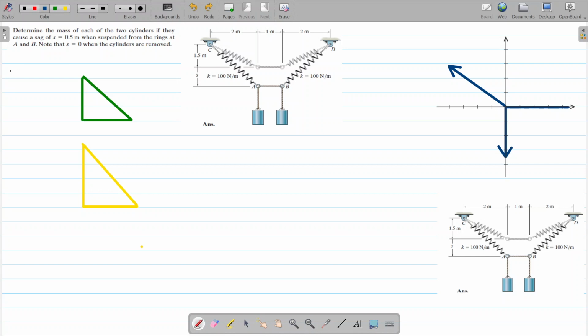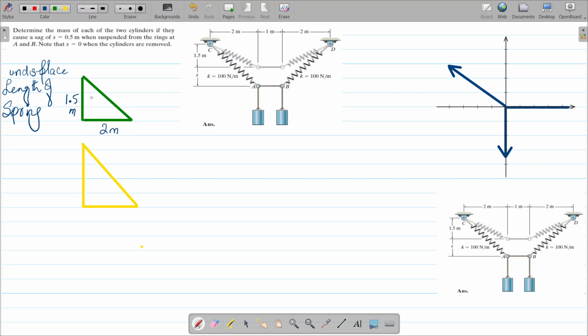the undisplaced length of the spring is going to be 1.5 meters, and this is 2 meters.